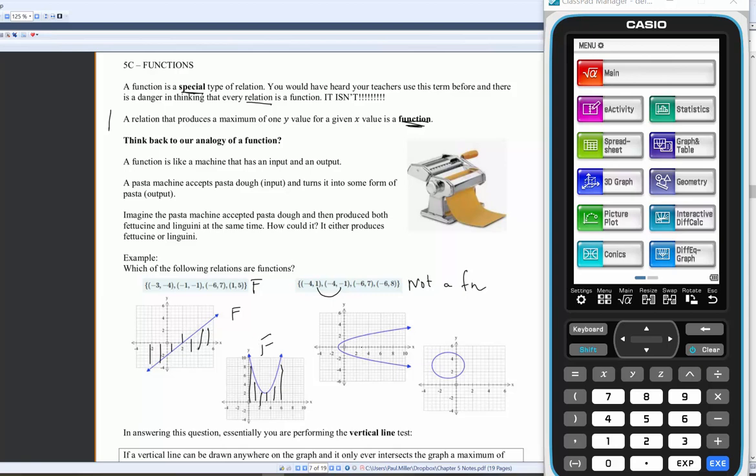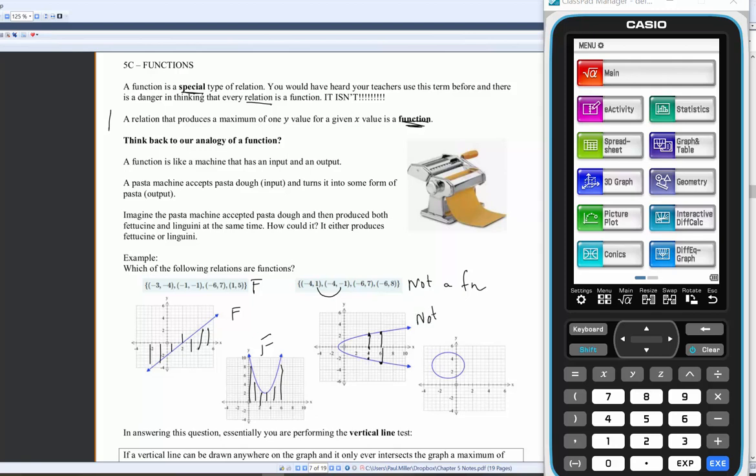This thing here, not sure what it is, but it's not a function. Why? Because when I put 4 in, it produces this value here, +2, and it also produces -2. For 6, it produces this and this. So for an individual x value, I produce two y values, or two different outputs.